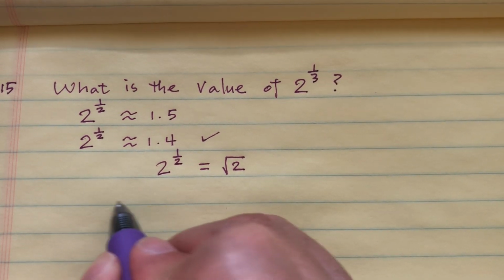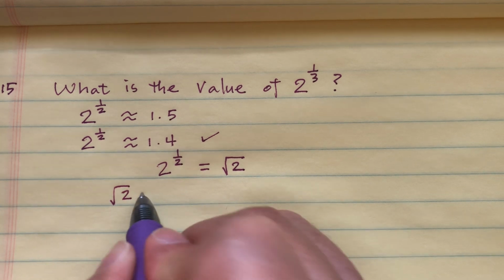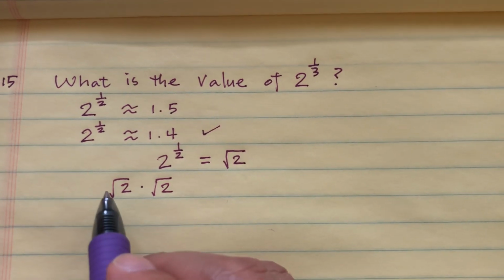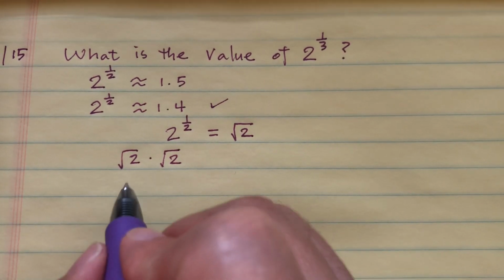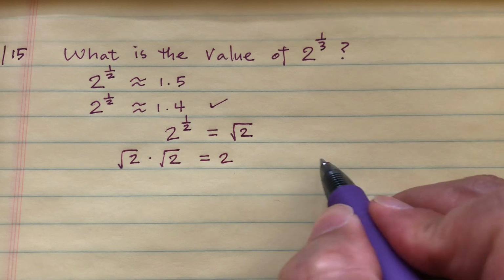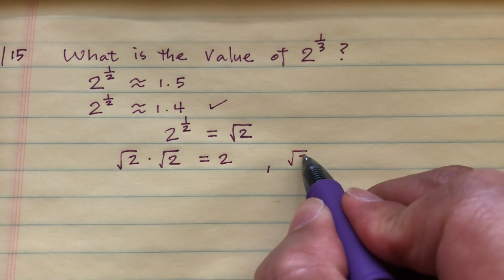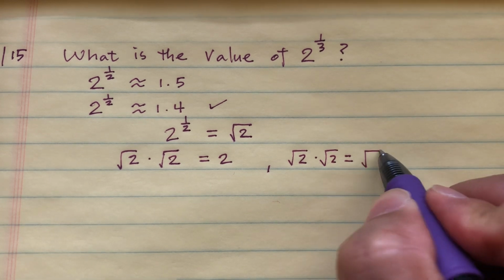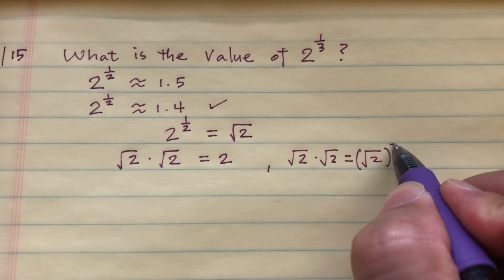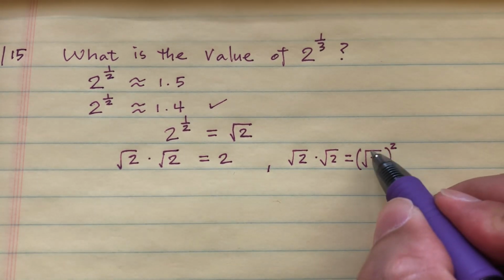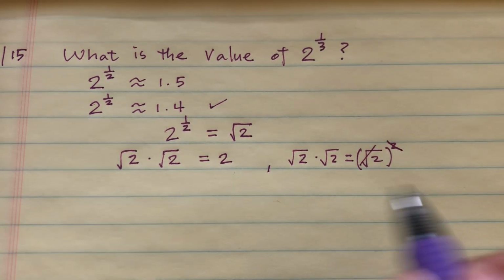Because square root 2 times square root 2 is square root 2 squared, since you have 2 copies of it, and the square root and the square undo each other.